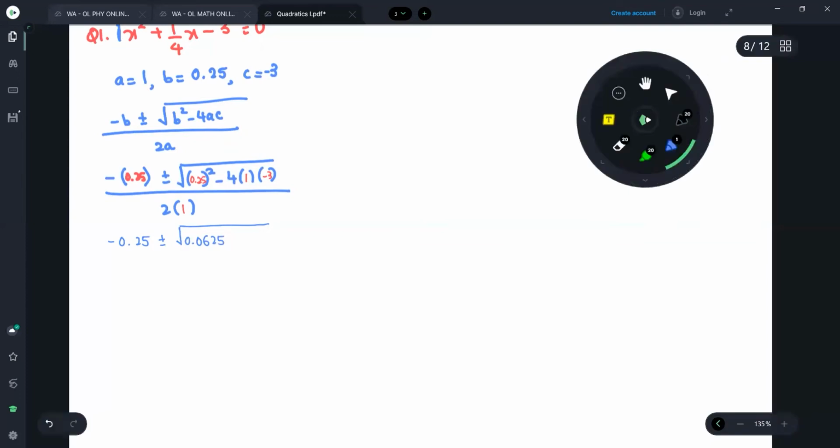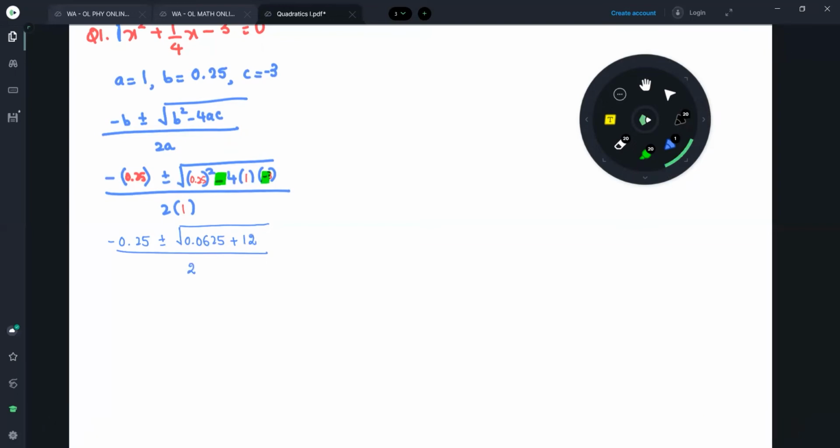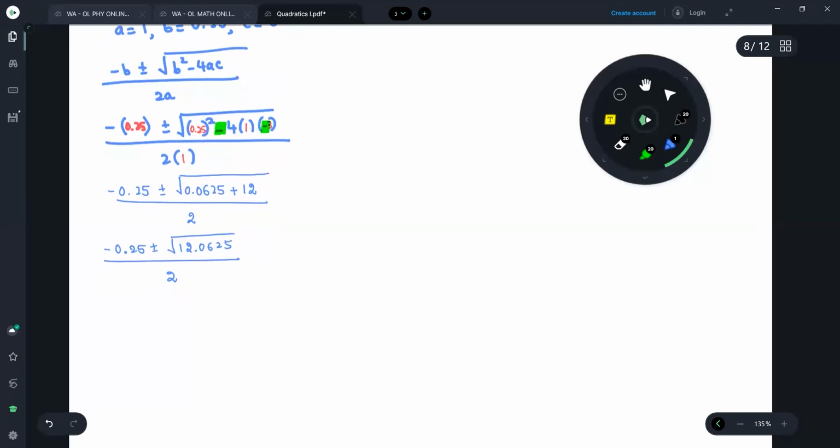Now, you see this negative sign and this 12: plus 12, upon 2. 0.0625 plus 12, how much did you get? 12.0625. Yes, sir. What I've done is I've solved the bracket inside. Now, tell me, is this solvable? Yes or no? Yes, sir.